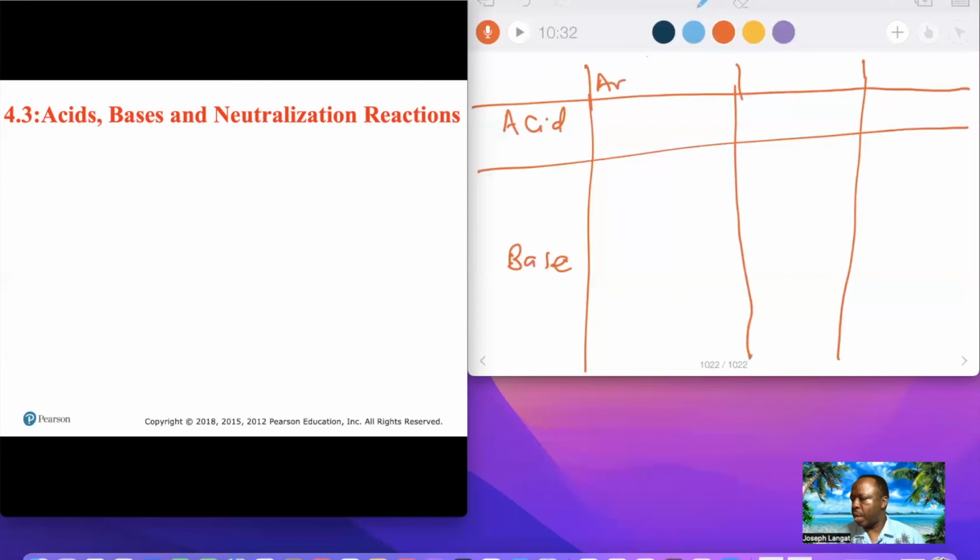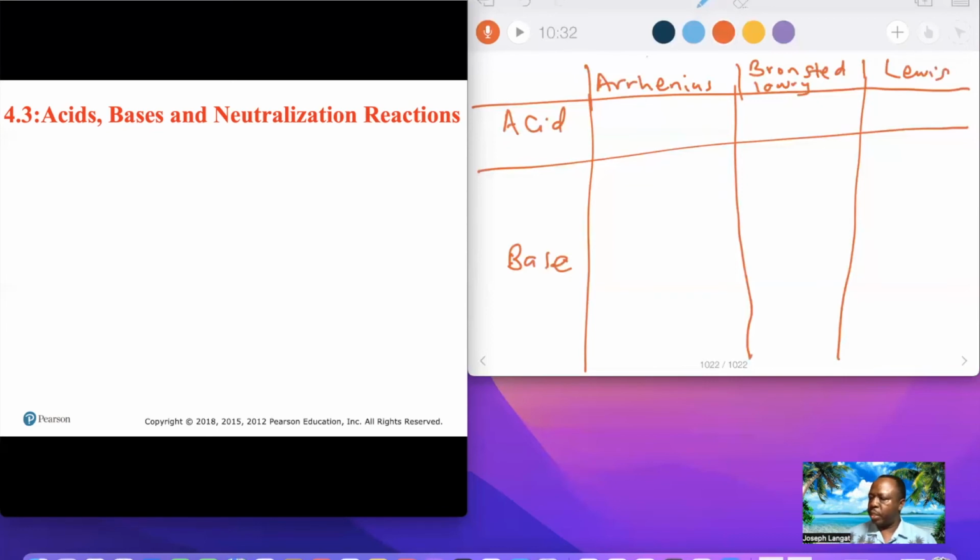So Arrhenius, and then Bronsted, Lowry, and then the Lewis definition.